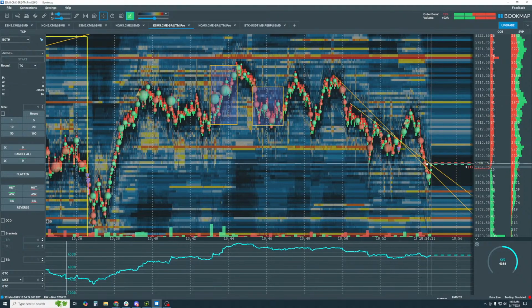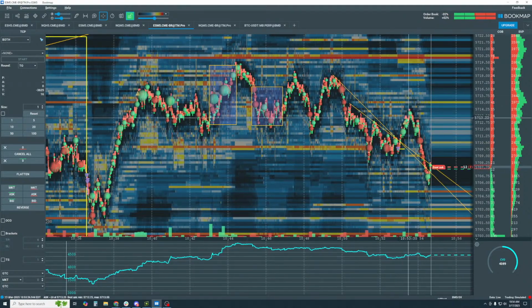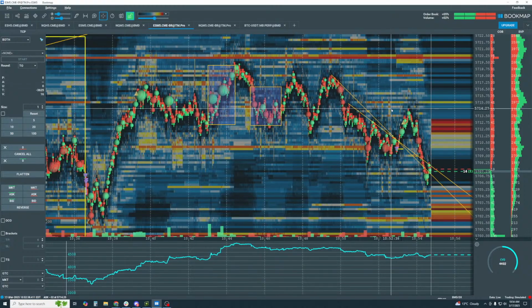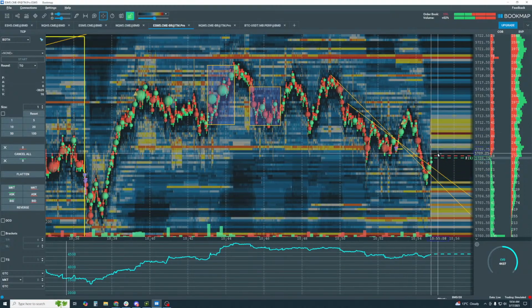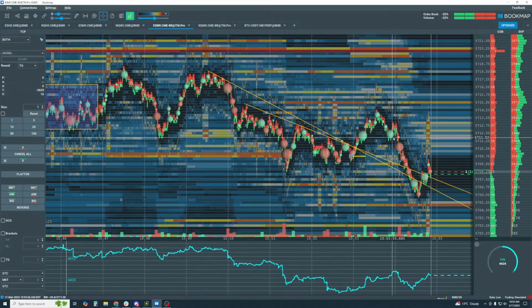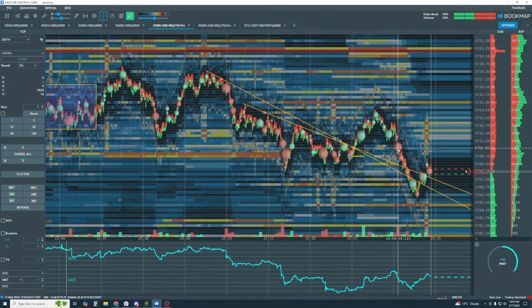Tough read on my side. Even this cluster in here had pulled away back into the range, so there's no follow through on their side either.